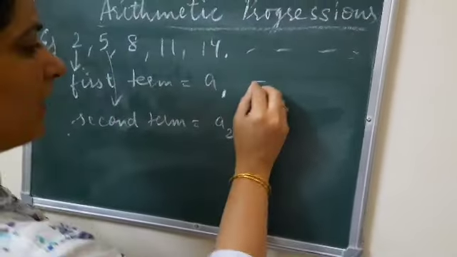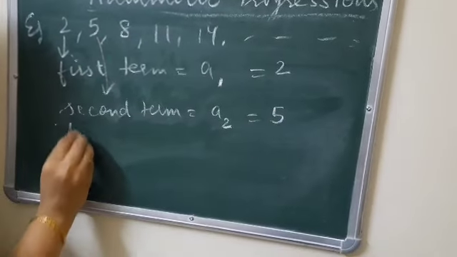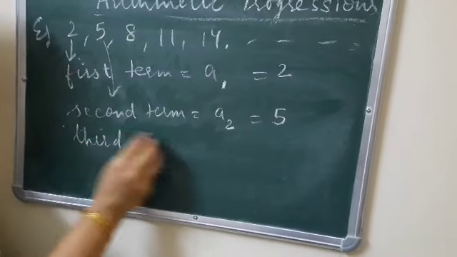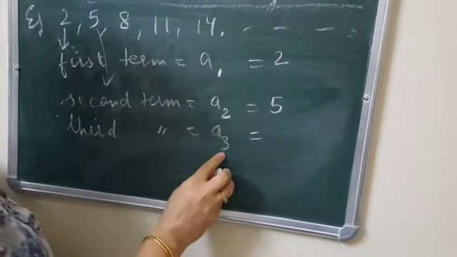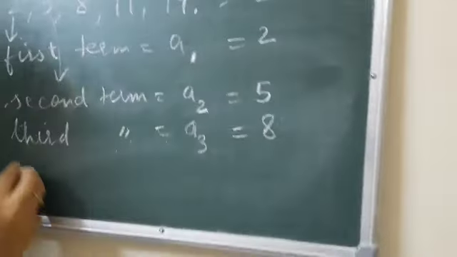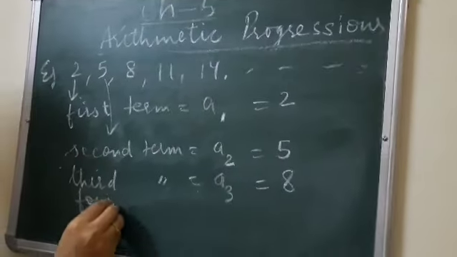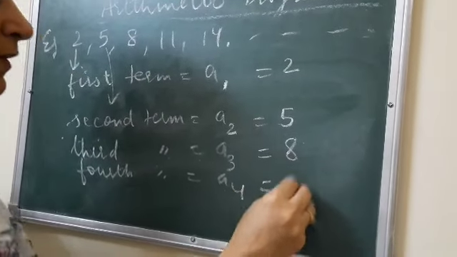So a1 here is 2, a2 here is 5. The third term is called a3, small a, and as subscript we put 3. It is 8. The fourth term is 11. We call it a4. And so on.